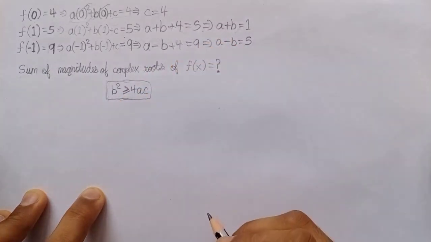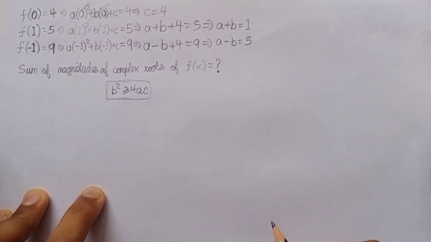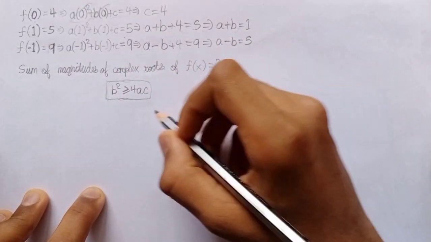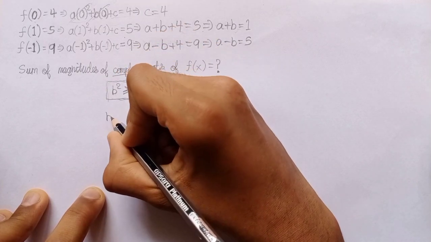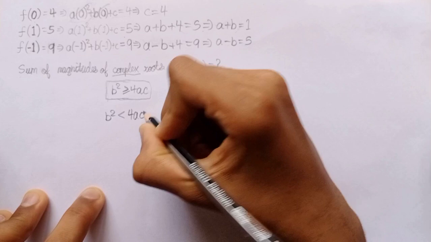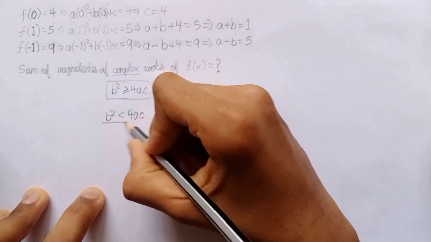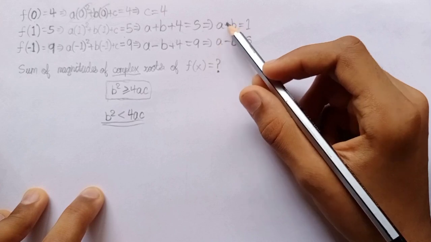Otherwise, it'll give us complex roots. So we can solve this equation then. So to make sure they're complex, b squared has to be lesser than 4ac. This is important. So now let's solve it.